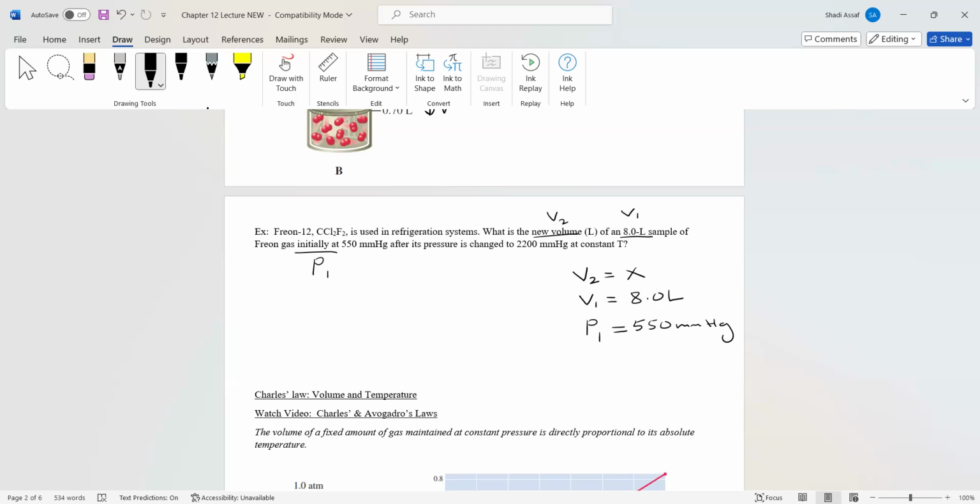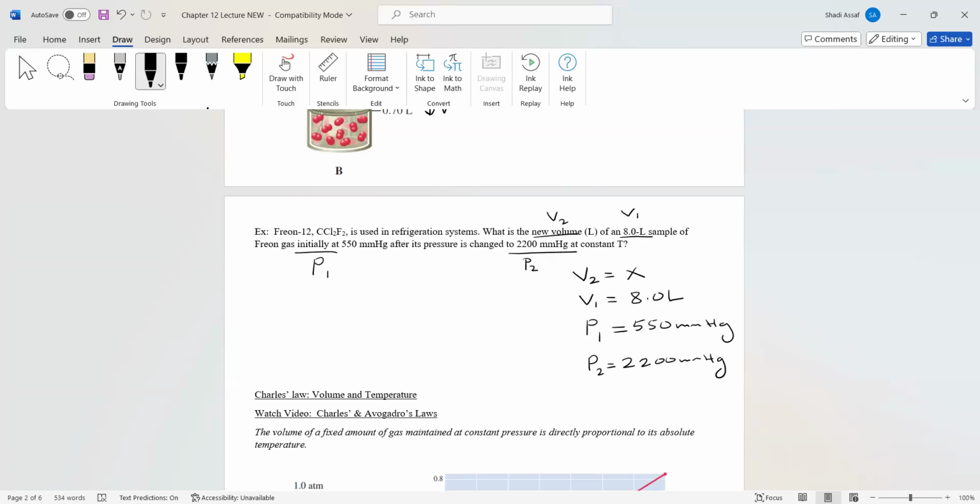After its pressure is changed to 2,200 millimeters of mercury. So we increased the pressure. So you can make a prediction about what's going to happen. So look at what's happening with the pressure here. The pressure is increasing. It's going from 550 to 2,200.